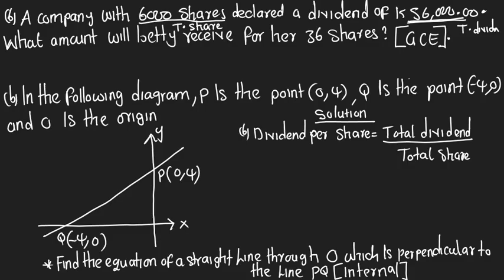So we are going to put the total dividend, 56,000, over the total share, which is 6,000. Then I can cancel, right?